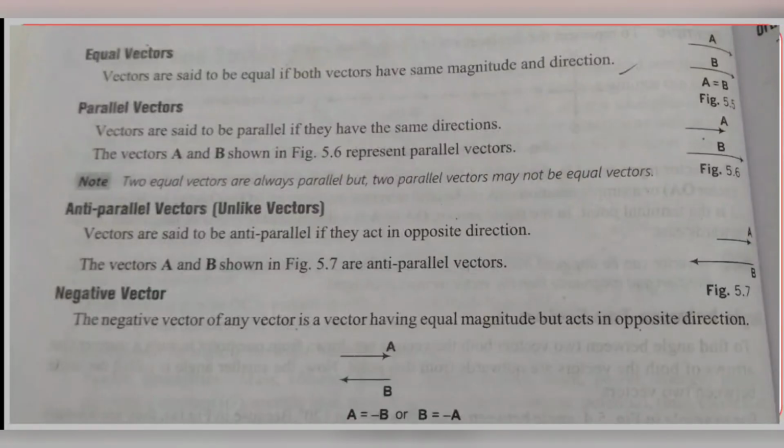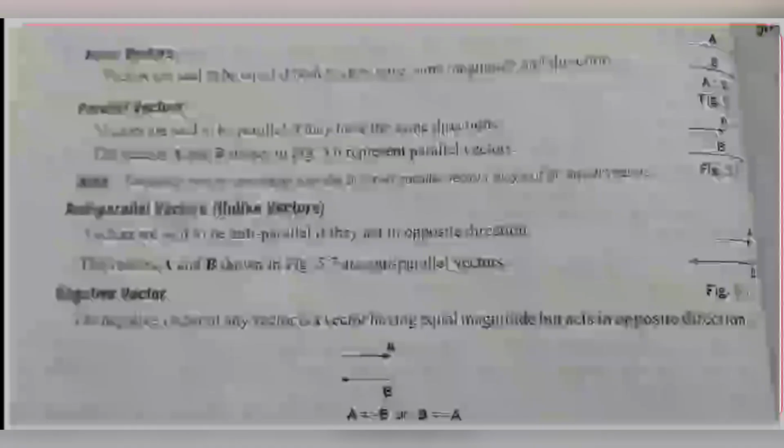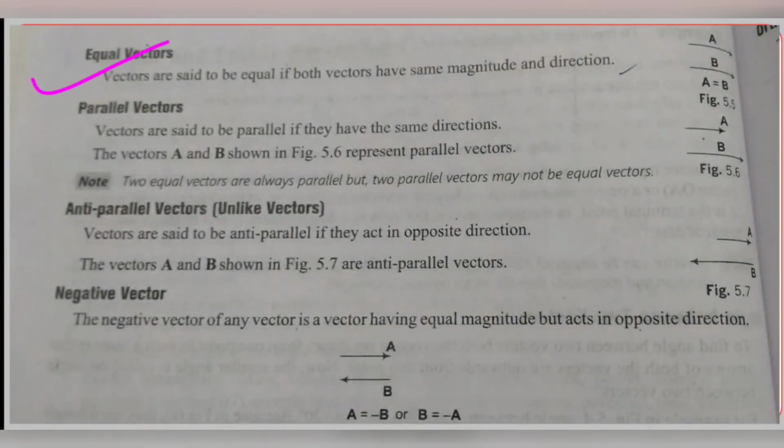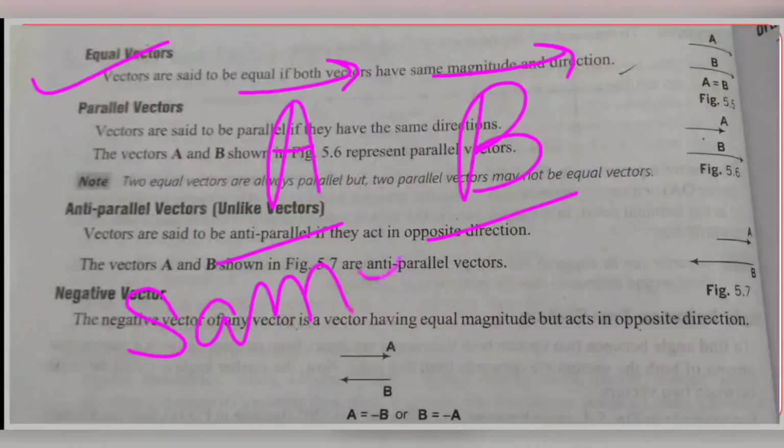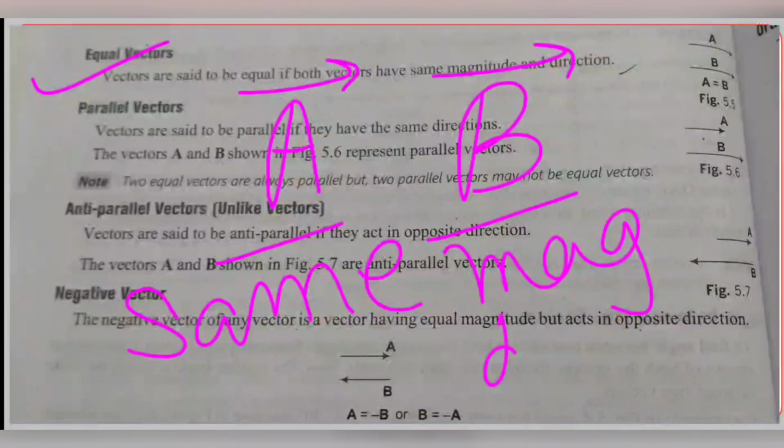Now we come to the next kind of vector, which is equal vectors. If I give a vector A and a vector B, both vectors will have the same magnitude and the same direction.